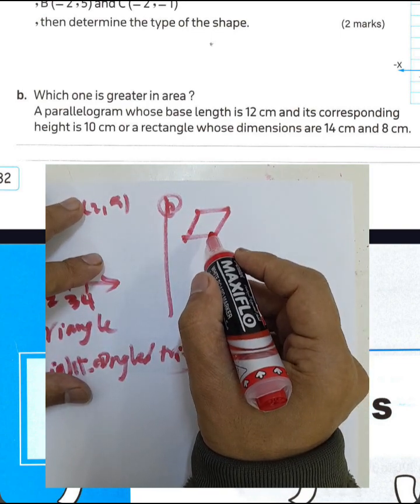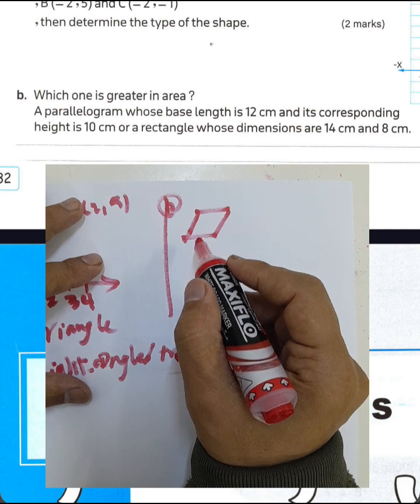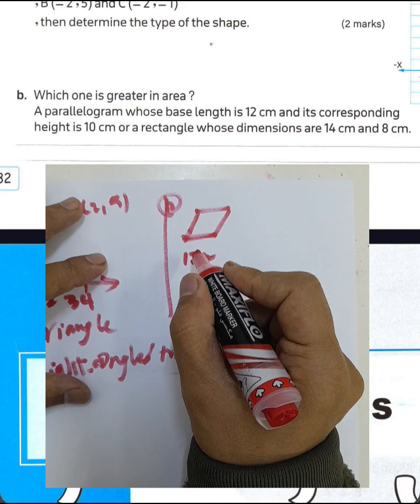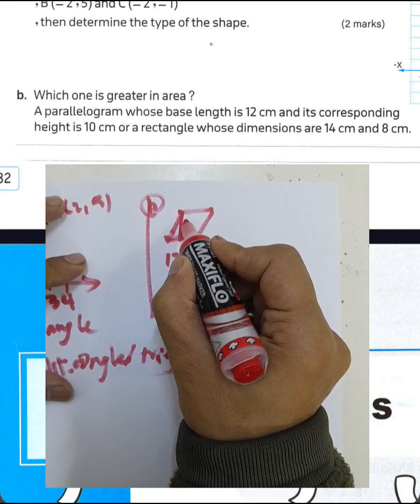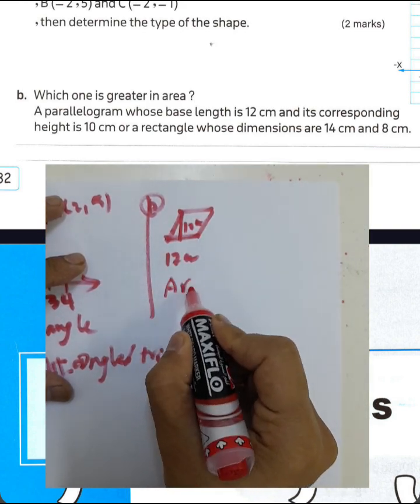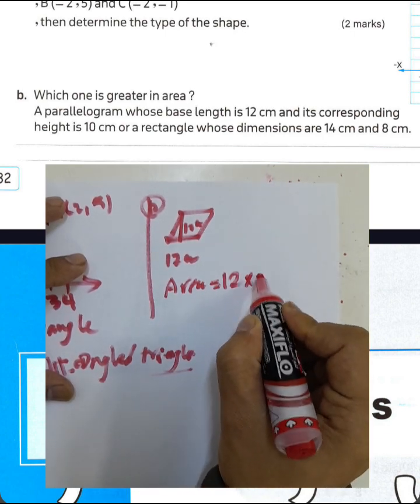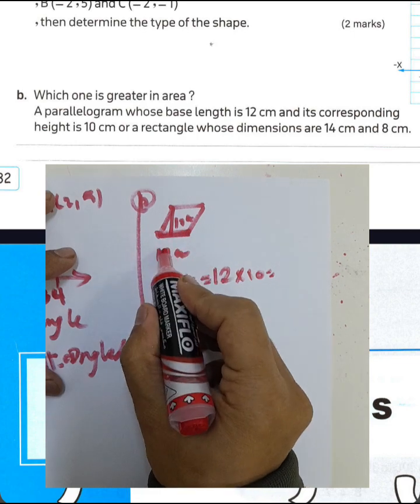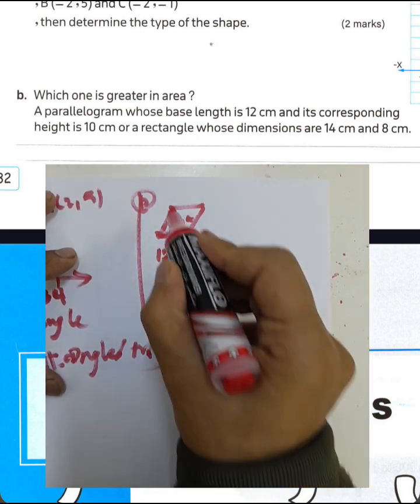He gives us the base is 12 centimeters of the parallelogram, and its corresponding height was 10 centimeters. Okay, then the area will be 12 times 10. The area of a parallelogram, write the base 12 times the corresponding height 10.